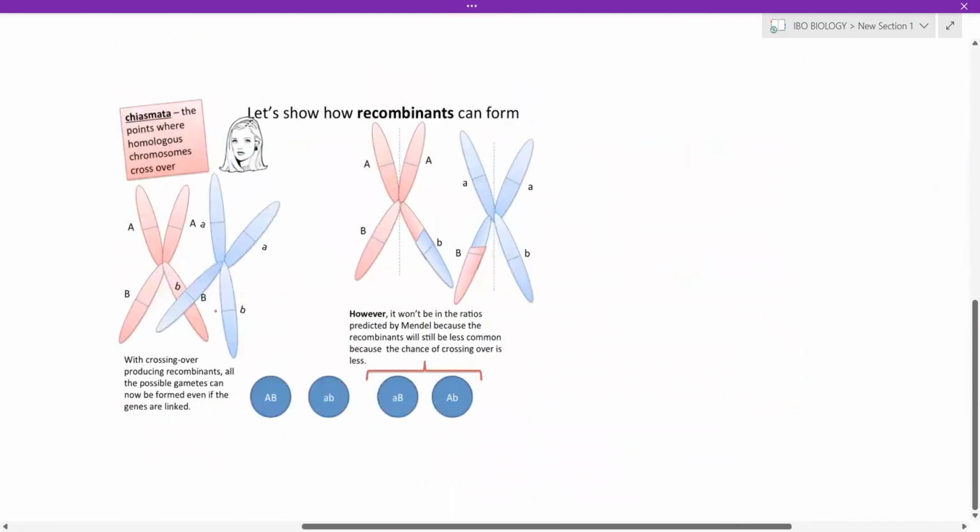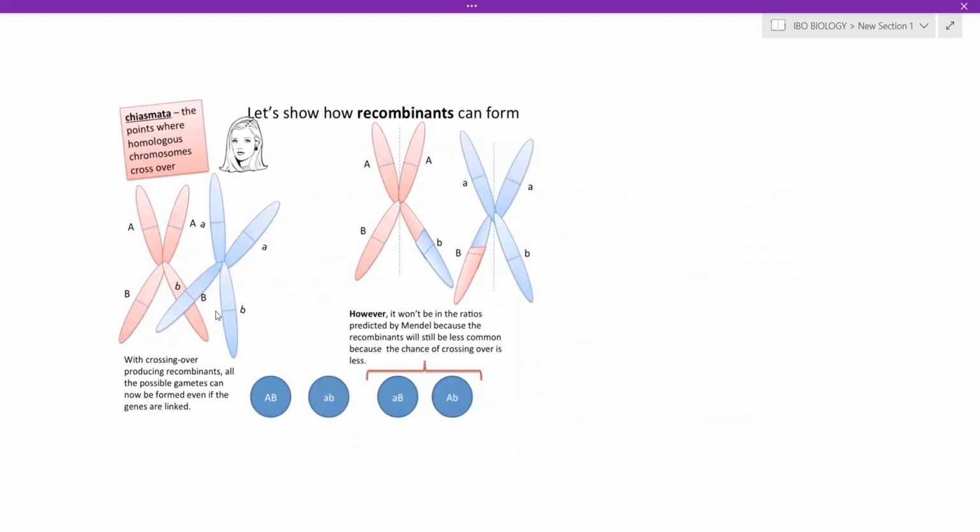Let's look at the crossing over here as well. Some recombinants can form this way. For example, if you had this small b over here and a capital B over here, the capital B and small b can switch over. The small b from here goes there, and the capital B from there comes here. Chiasmata formation occurs during meiosis, and that's where crossing over occurs.